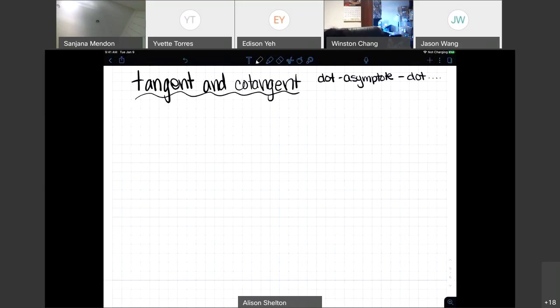So each time you're going to find the dot, then the next important point is going to be an asymptote, then the next one's going to be a dot, then an asymptote, and vice versa. But in order to follow these, you have to be aware that a period is no longer 2 pi. One period is 180 degrees or pi.